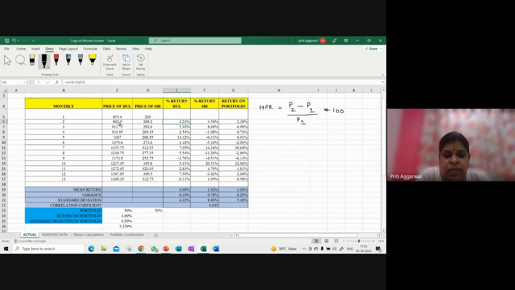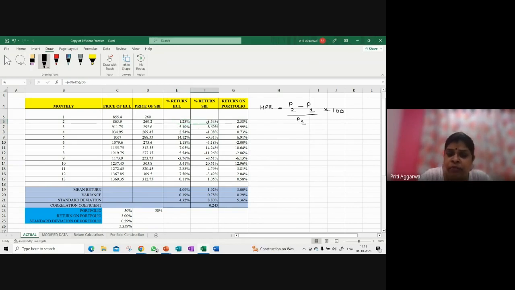What I have done is 865.9 minus 855.4 divided by 855.4 will give me a return of 1.23 monthly return. So this is HPR, holding period return. So it is for a month. So a monthly return of Hindustan Unilever is 1.23.